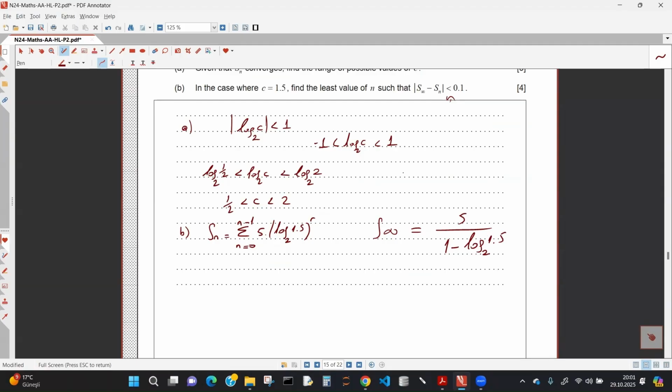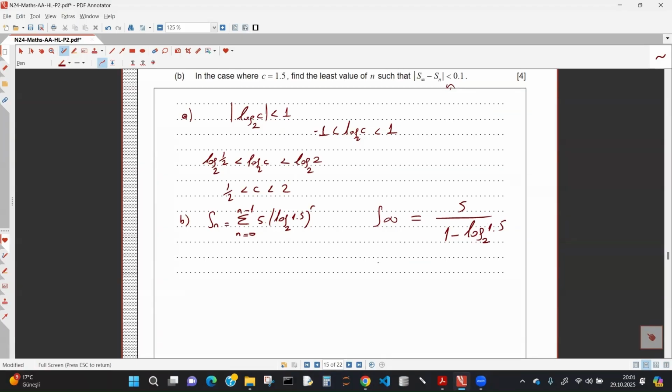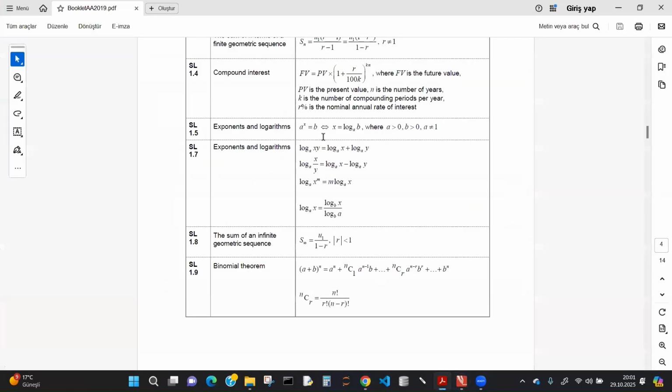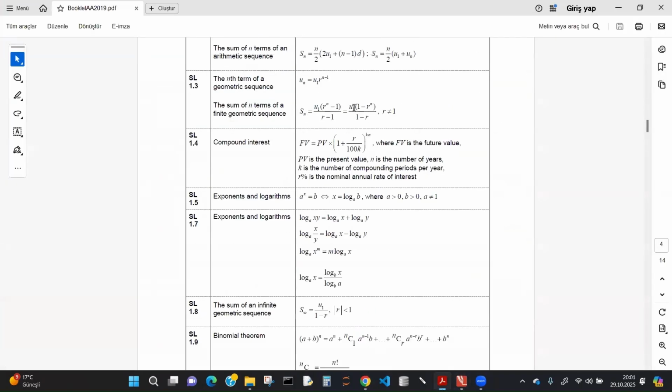We can find this, or we can also calculate Sn, which we can see from the booklet again.